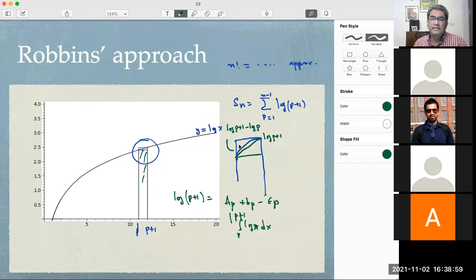B_p is this little triangle right here, and this is half into base into altitude, so half of log(p plus 1) minus log p. And this epsilon_p is what he calls a sliver, a little bit of a sliver. Then he subtracts epsilon_p because this triangle contains this curve.